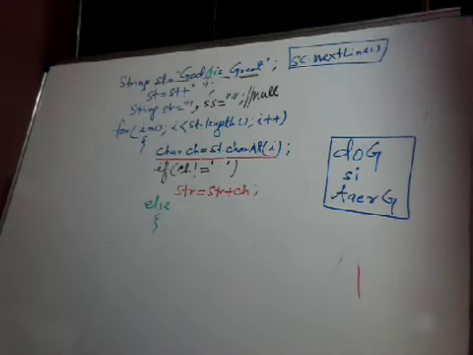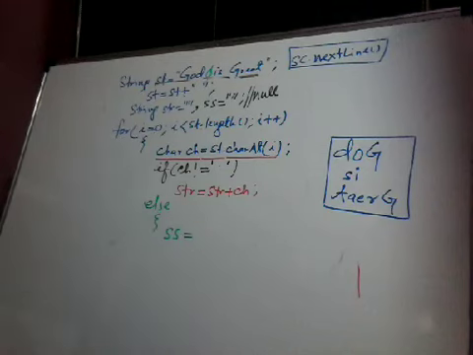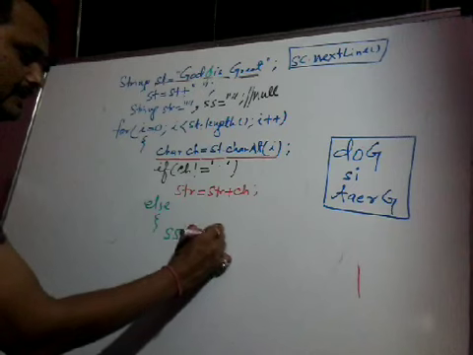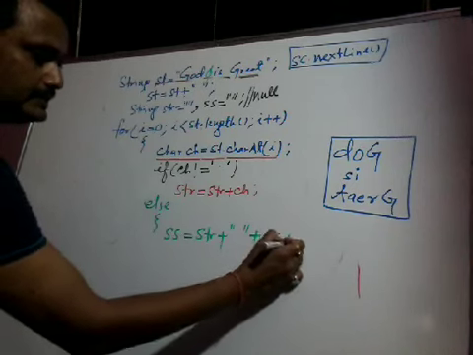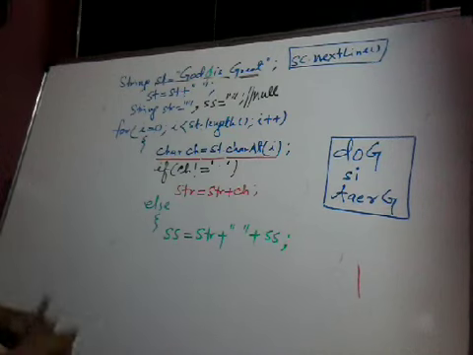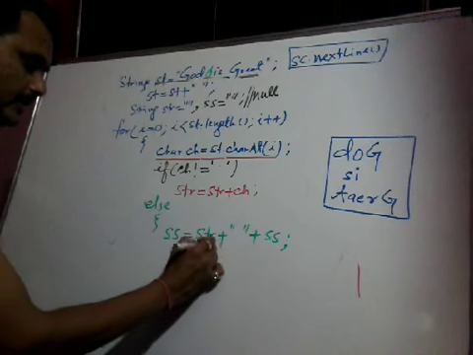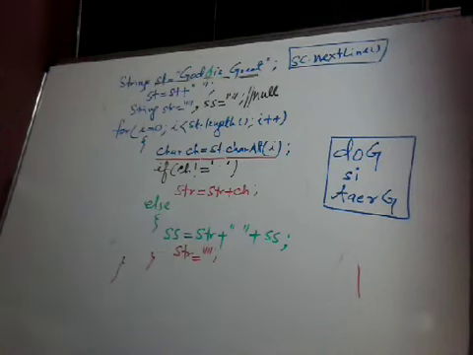When it goes to the else part, we will write here ss equal to str plus space plus ss, and the value of str again will be null. Close this one, close this one.